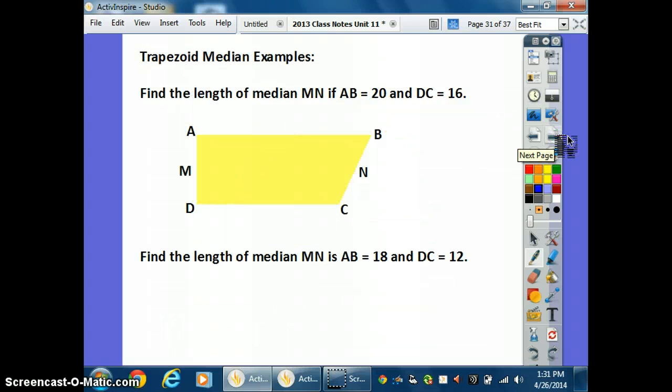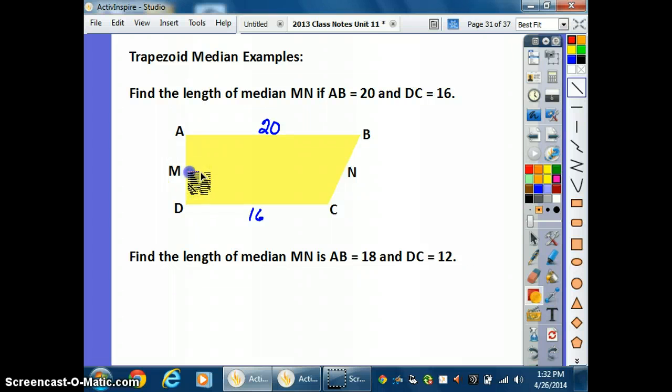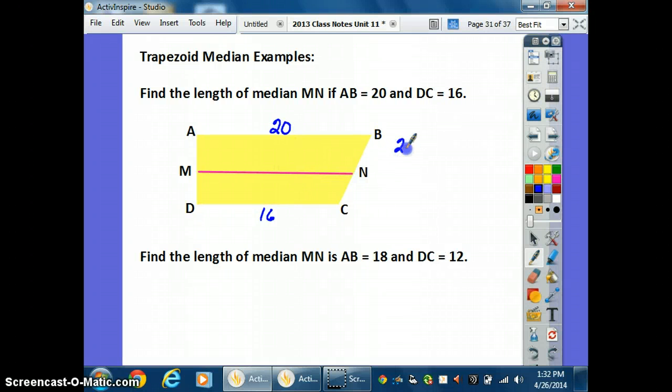Find the length of the median MN if AB is 20 and DC is 16. Okay, so we know this is the base, AB is 20 and DC is 16, and I'm going to draw in a median from the midpoint of each leg, and I need to know what the length of that median is. 20 plus 16 divided by 2, which is 36 divided by 2, 18. 18 is the median.